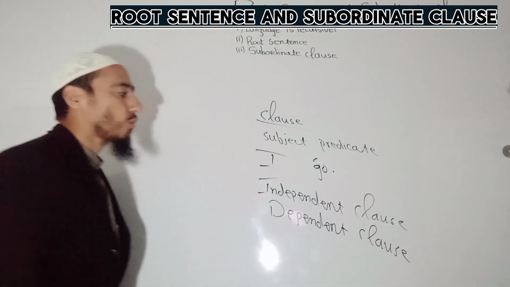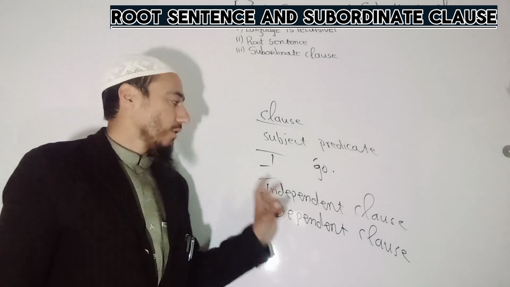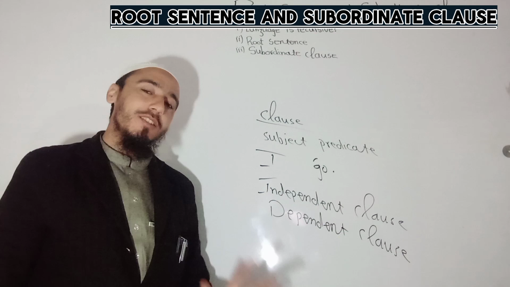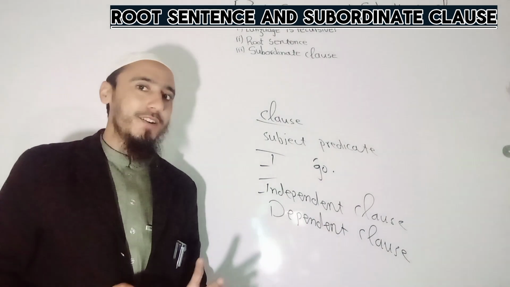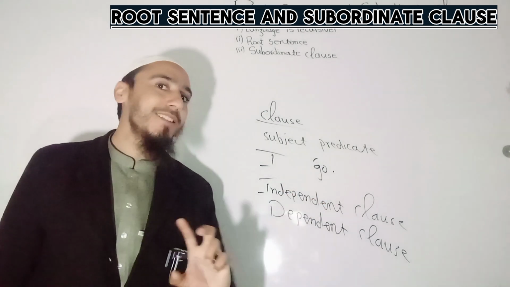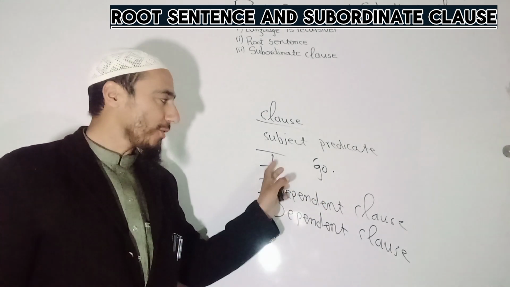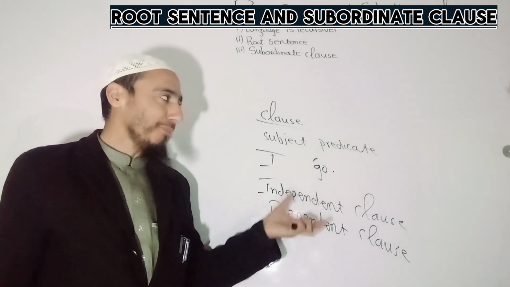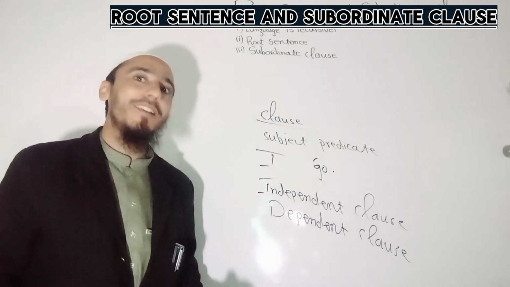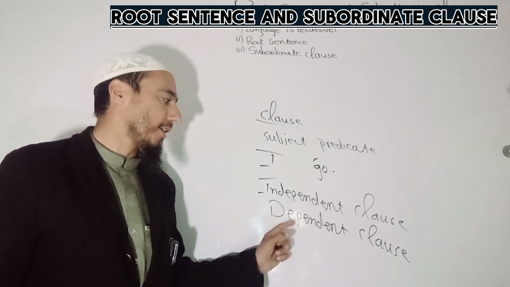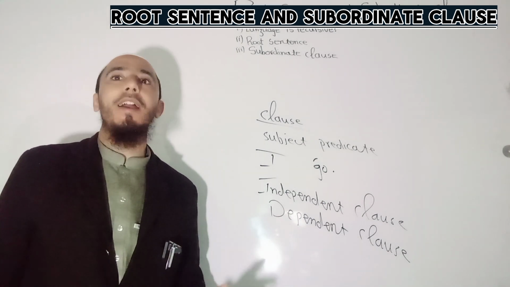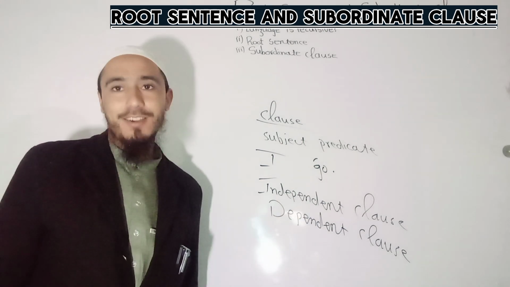Now the question is, what is independent clause? The definition of independent clause in traditional grammar is that an independent clause is a group of words which has subject and predicate, and it can stand on its own. So here you see, I go. This is a sample sentence, and it is called independent clause because it can stand on its own. On the other hand, a dependent clause is a clause which has subject and predicate, but it cannot stand on its own.